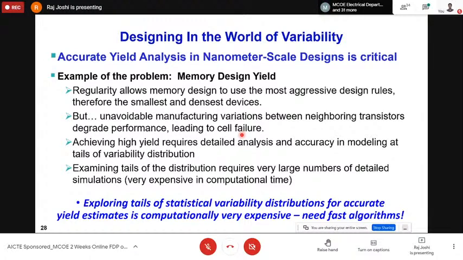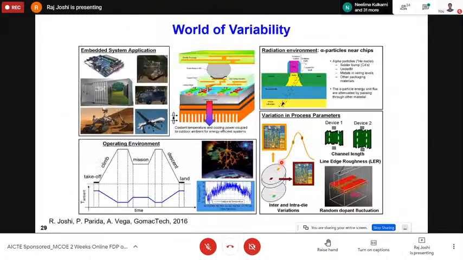So exploring the tails of the statistical variation distribution for accurate yield estimate is computationally very expensive, and that's where you need fast algorithms. Some of these algorithms can be useful for machine learning. We can also use these algorithms in combination with machine learning algorithms, and I'll show you like this. So the world of variability has tremendous painful points.